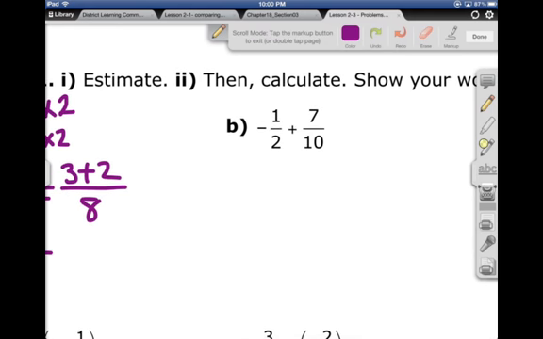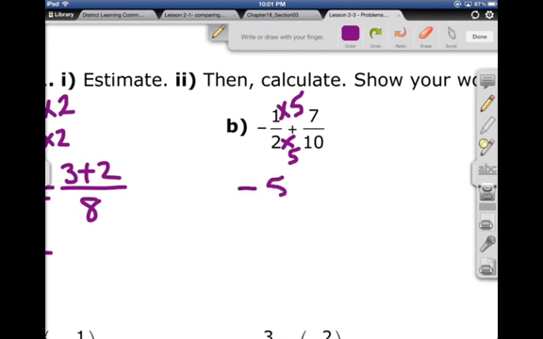You could get a negative fraction with a positive fraction. And at first, when you look at this, 1/2 looks smaller. But if you think in terms of being out of 10, that would be more like 5 out of 10, wouldn't it? It's a lot larger than you think it is. Make it out of 10, then look at it.